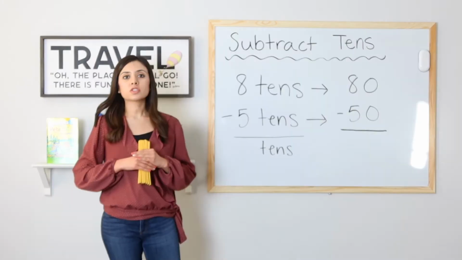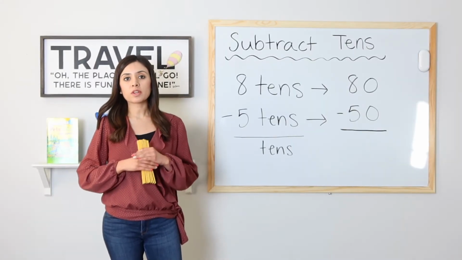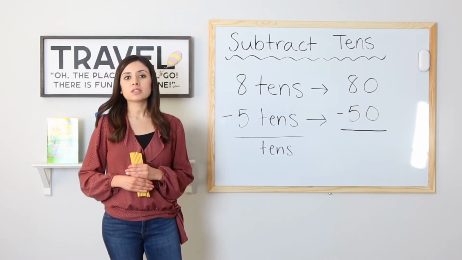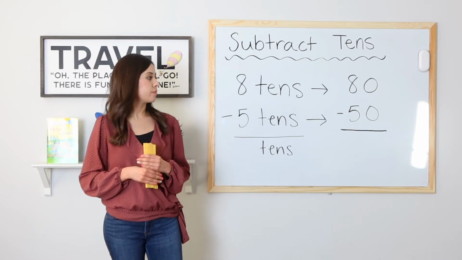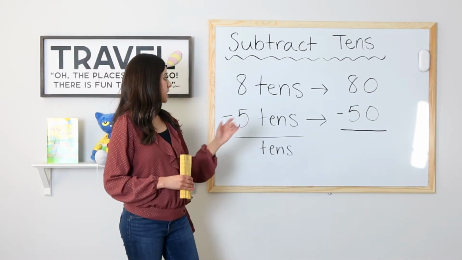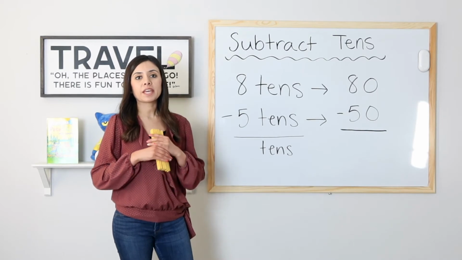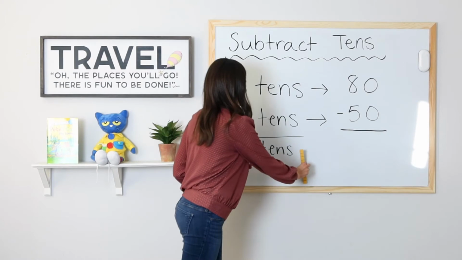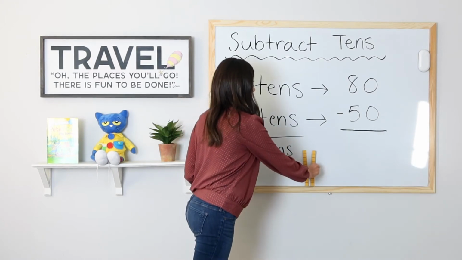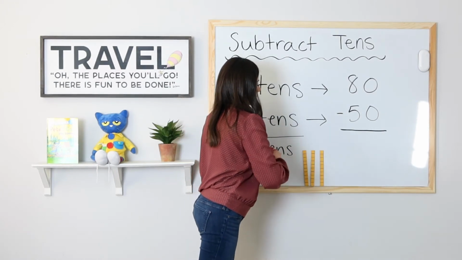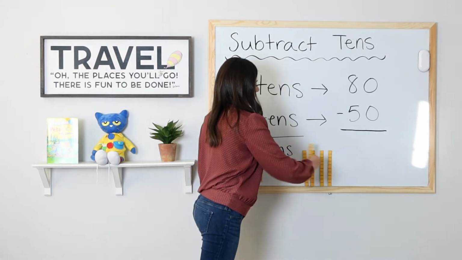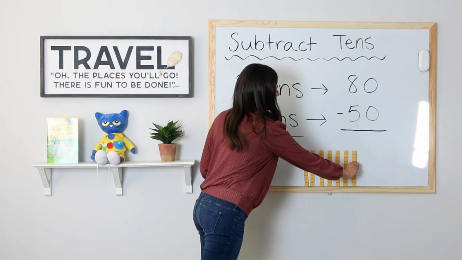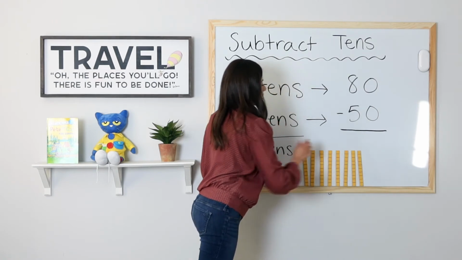Very good. So we may also see some examples where the problem is written vertically. That means up and down. We will still solve these the same way. 8 tens minus 5 tens. Let's display 8 tens and take away 5 of them. Ready? 1 ten, 2 tens, 3 tens, 4 tens, 5 tens, 6 tens, 7 tens, 8 tens.